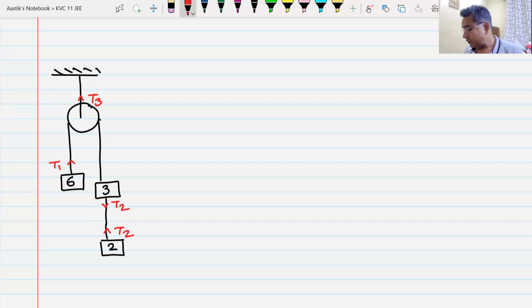Okay, so tell me, how is this system going to move? Which side? Yes, how is the system going to move? Which block is going to move where?